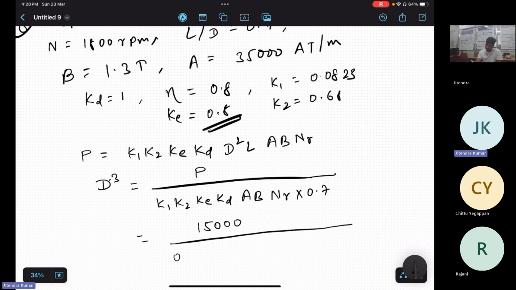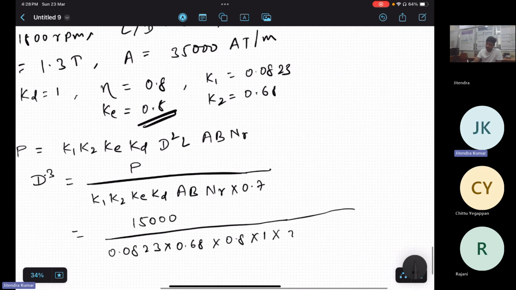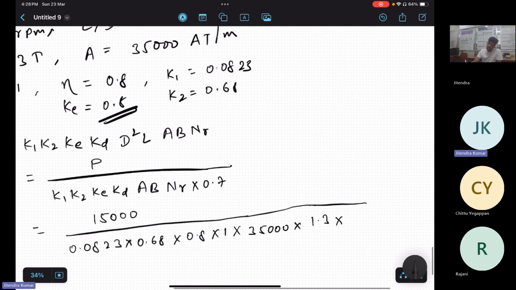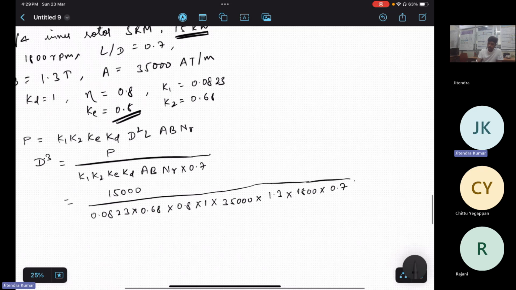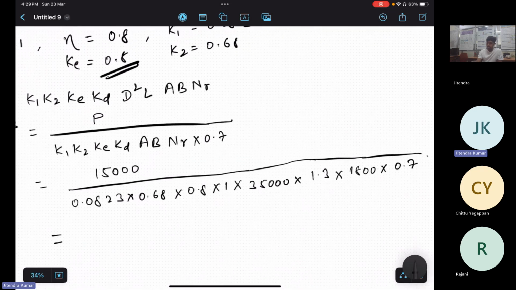K1 is 0.0823, K2 is 0.68, KE is 0.8, KD is 1, A is 35,000, B is 1.3 Tesla, rotor speed is 1800 RPM, into 0.7.